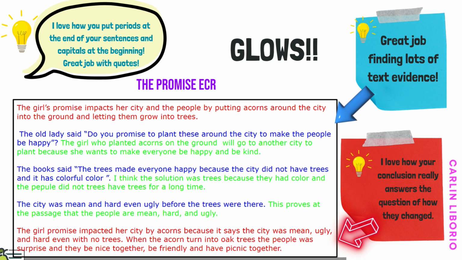The city was mean and hard, even ugly, before the trees were there. This proves that the passage that the people are mean, hard, and ugly. The girl promise impacted her city by acorns because it says the city was mean, ugly, and hard, even with no trees. When the acorn turned into oak trees, the people was surprised, and they be nice together, be friendly, and have picnic together.